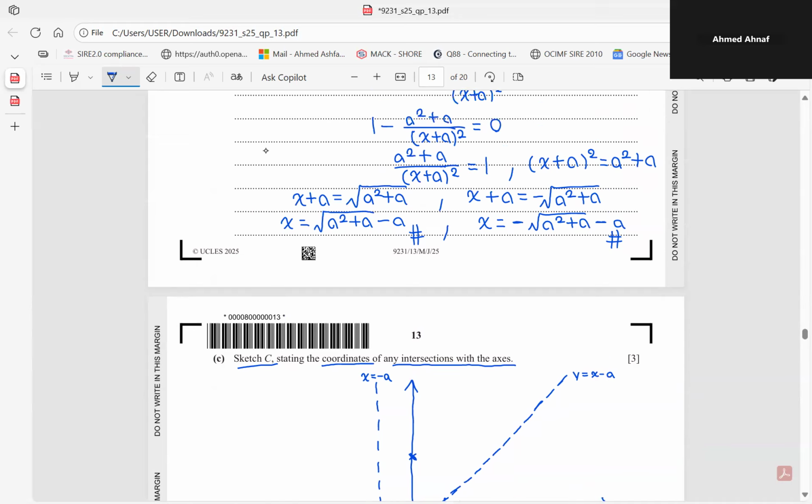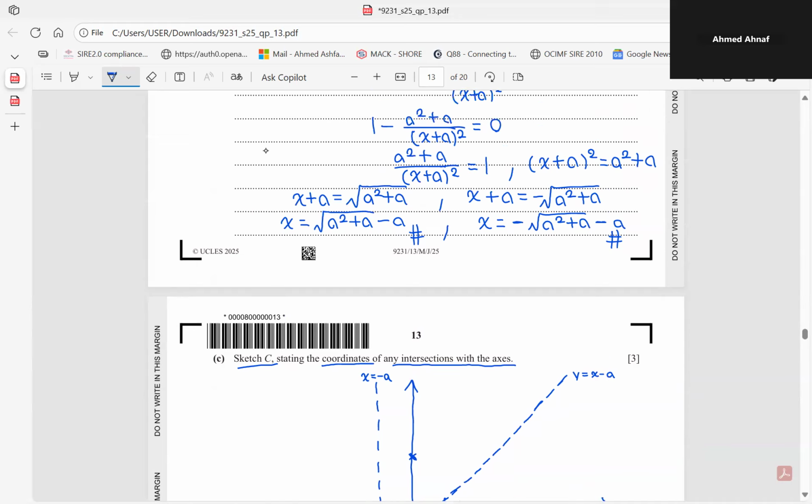So this would be our stationary point. And then the second branch would be this with this stationary point. This is actually negative, if you don't realize it, so it'll be somewhere here.